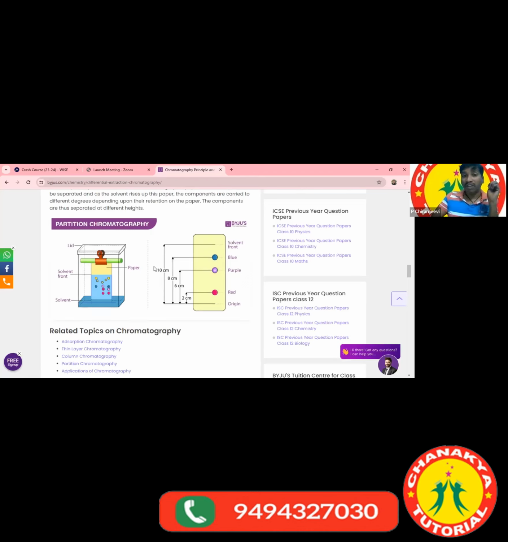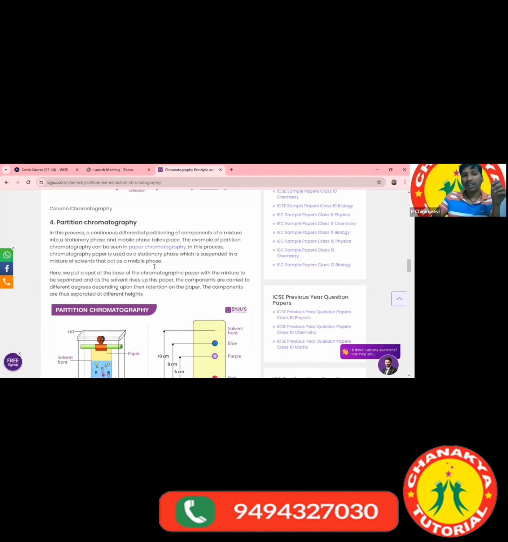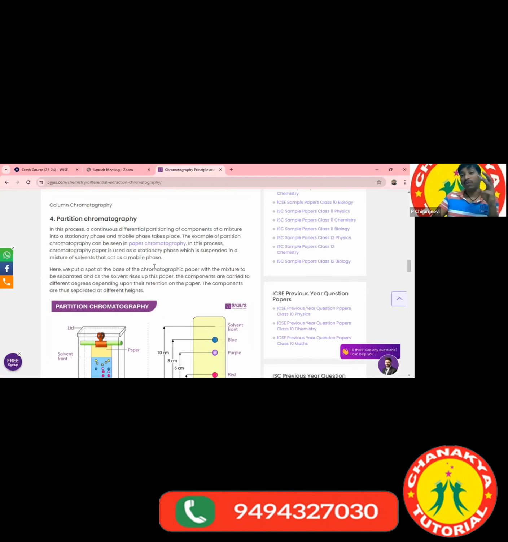And what is the other one we have? Partition chromatography. In thin layer chromatography and column chromatography, the stationary phase is solid and the mobile phase is liquid.